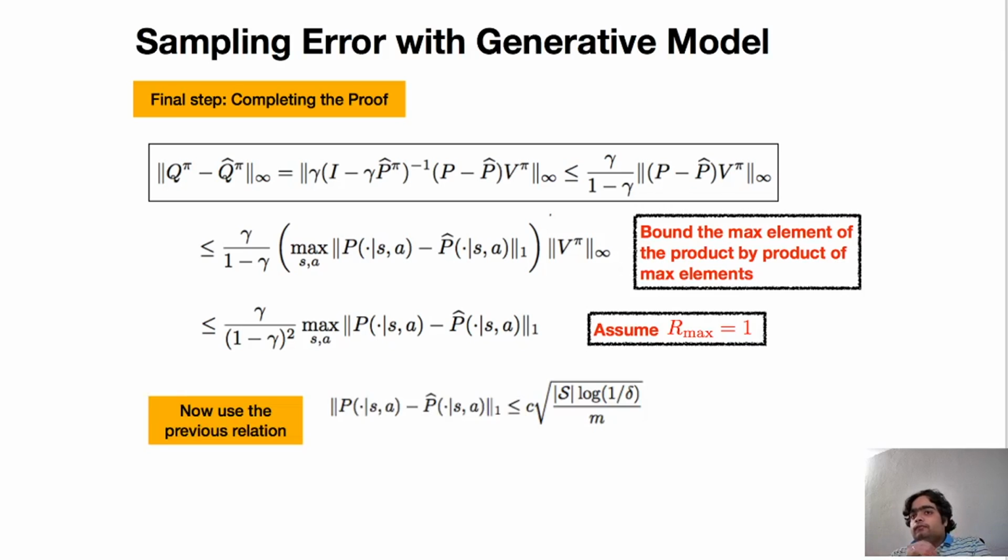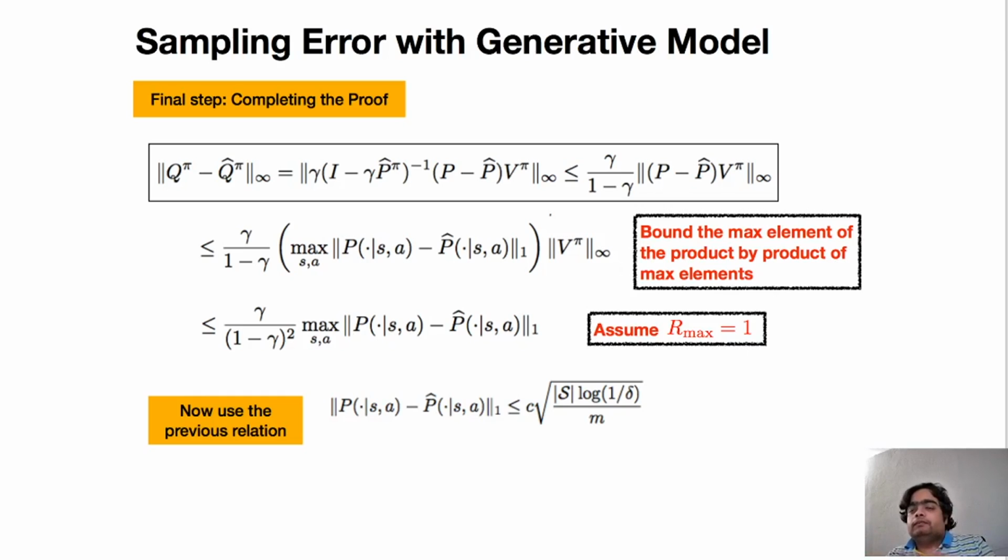So now we are at a situation where we know that the infinity norm of the difference between q values is less than some constant, which is gamma over 1 minus gamma square, times the L1 norm of the divergence between the dynamics models, right?